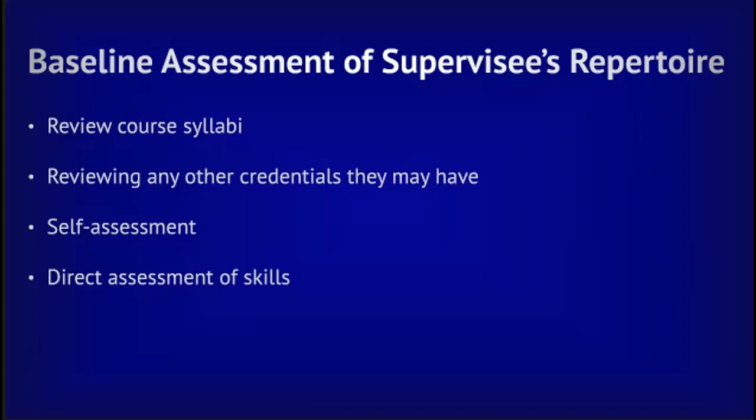So that's one kind of tool you can use to design a self-assessment, and maybe you create a Likert scale where your supervisees would go through each of the checklist items and tell you whether they feel very competent or slightly competent or very uncomfortable.